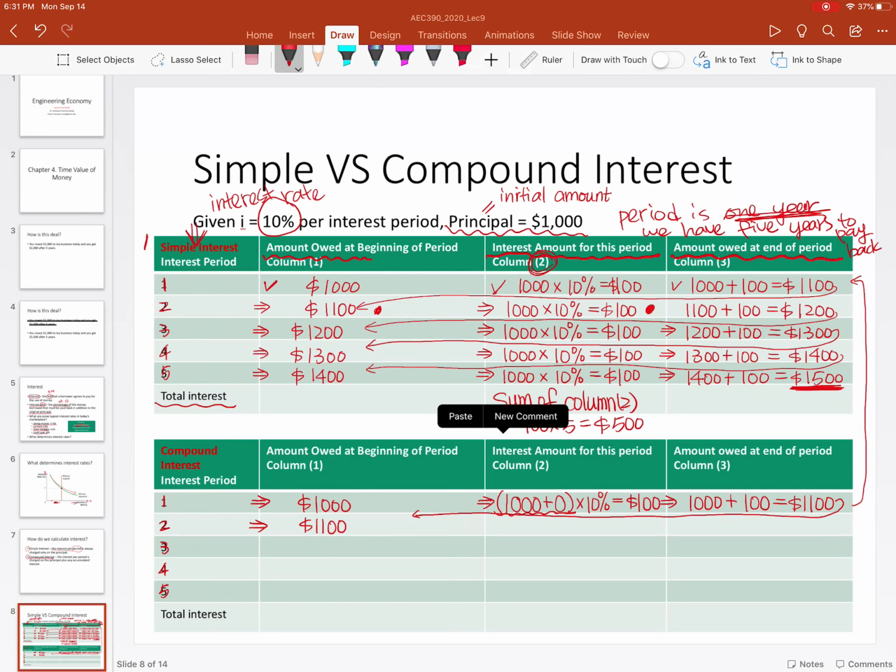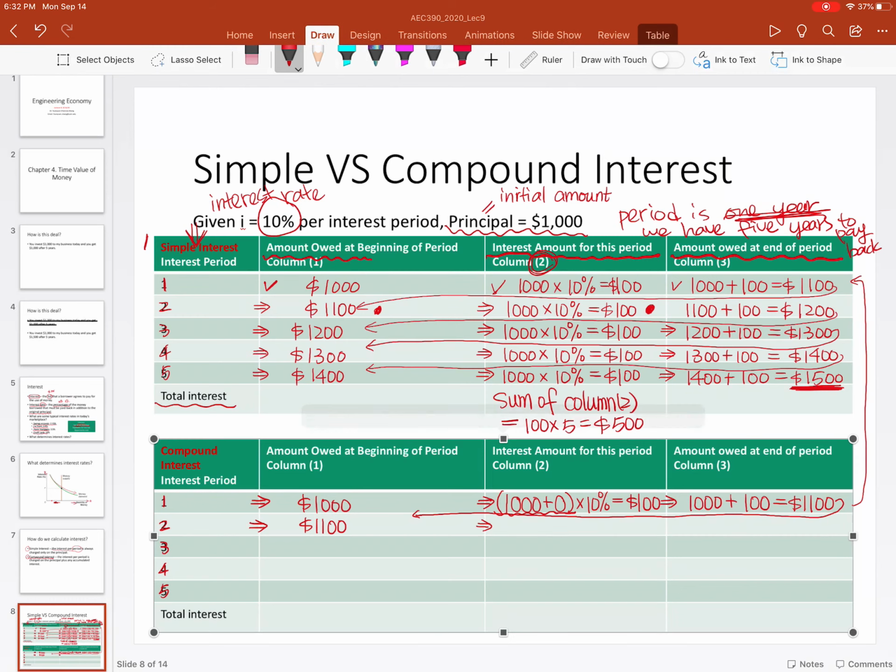And then let's think about the interest. The interest of the compound interest will be the principal, the 1,000, plus any previous interest. In our case, in the second year, the principal plus the interest in the first year will be what?